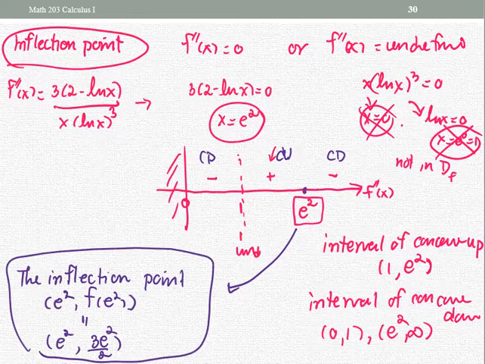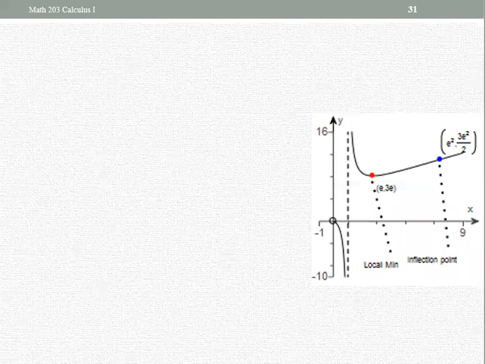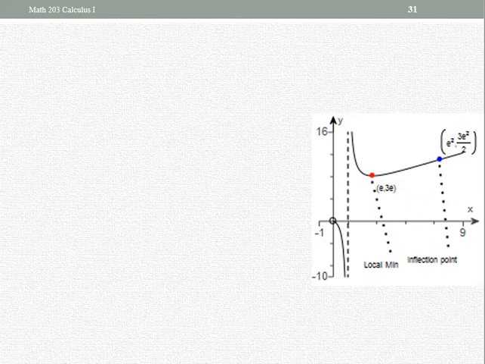And put all the points together. As you see in the graph, the function is defined from 0 until 1 and then after 1. So interval 0 to 1 here, and then 1 to infinity. The local minimum occurs at e, 3e, and the inflection point occurs at the point e to the second.